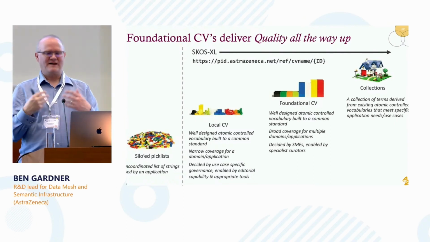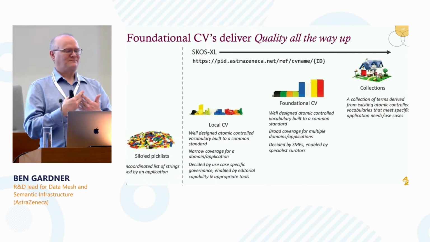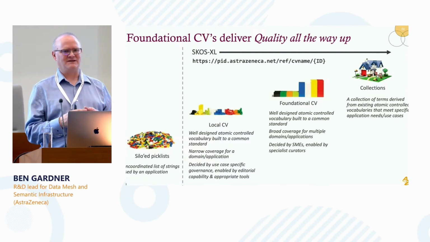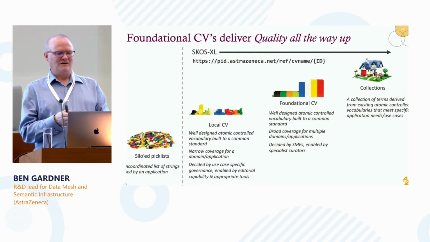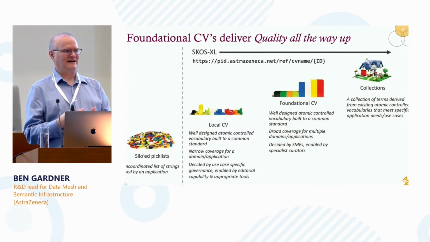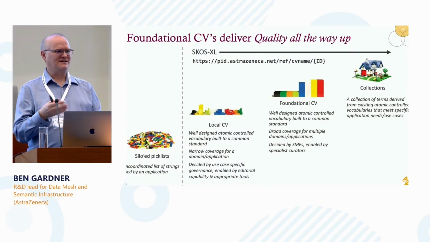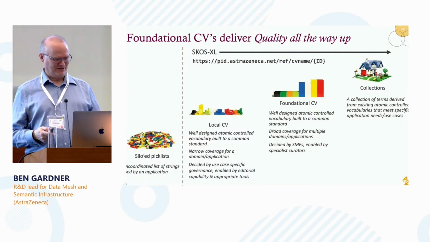And then we see foundational CVs really being that CV as it starts to mature, and we add new terms into it, and we extend it, and it now is being used by multiple groups, and so on and so forth. And then we allow collections and faceted CVs, these ideas within SKOS that allow us to create slices through one or more control vocabularies that people can then utilise to actually include the values in their data.